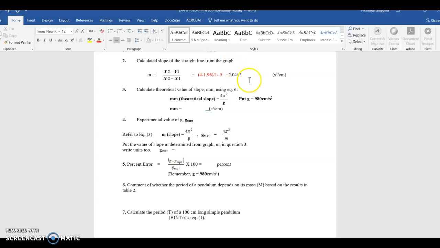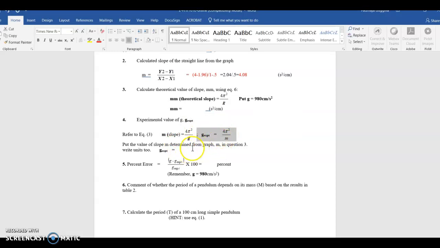So I got an answer of 4.08. Okay, so according to my experiment, I got my slope as 4.08. And I'm going to use that slope value right here to find out how much the g experimental would be.